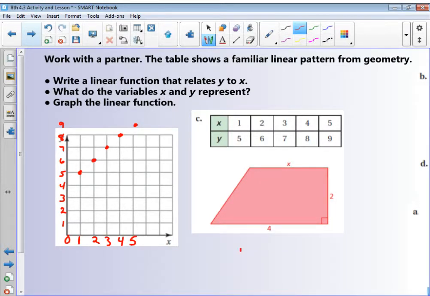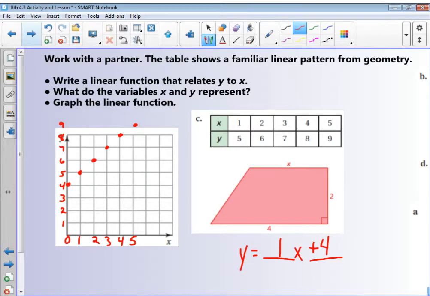Okay, so we've got y equals something x plus or minus something. If we continue the pattern down, it would cross at positive 4. Our slope, our rise was up 1 box, our run was over 1 box, so that would be 1x, or 1 over 1x.